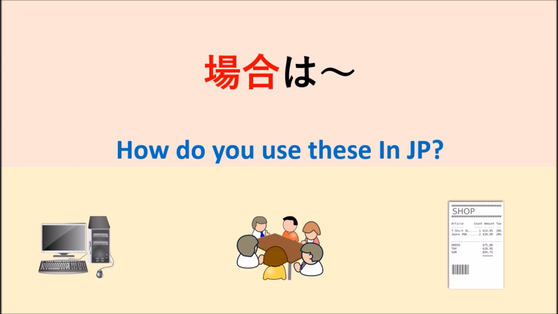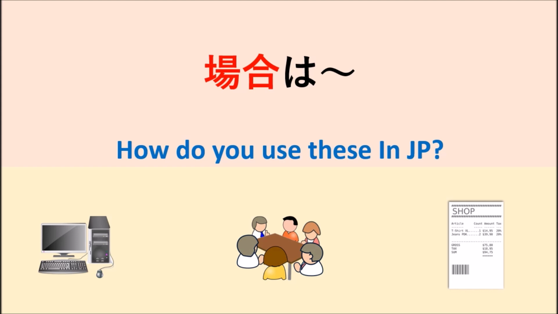So how do we use Baai with the adjective? It's very easy. You just remember that if you want to use Baai with anything that ends in e, for example 悪い場合, or you can say わからない場合, or you can say 良い場合, right?